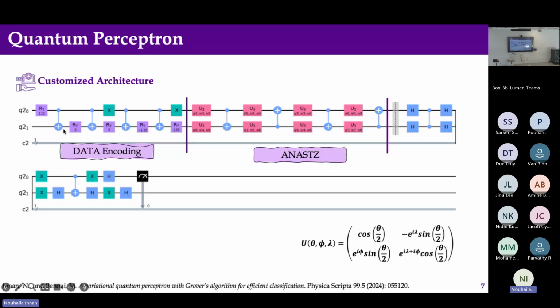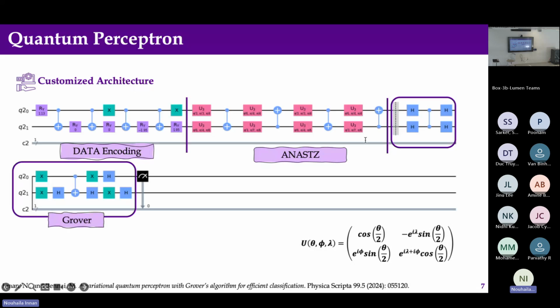So we know how it works. Okay, we start from that, then we start adding things. So for example, here we have data encoding. This is amplitude encoding, then an ansatz using unitary gates. Then here, for example, we added the Grover algorithm. I'm not sure if you are familiar with Grover, but Grover's algorithm is a quantum search algorithm that provides a quadratic speedup for unstructured search problems.